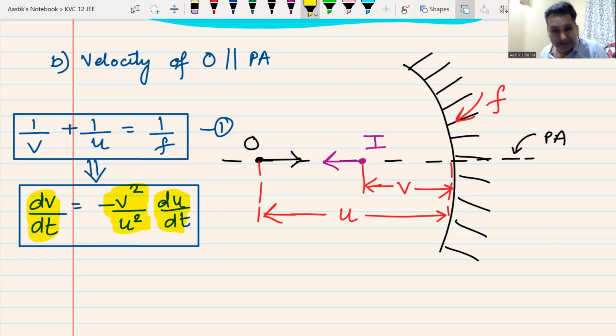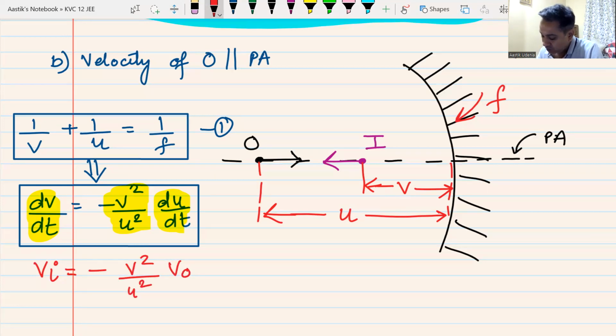Now this dv by dt is the velocity of the image, so the formula I get is velocity of image equals minus v square by u square times velocity of the object.